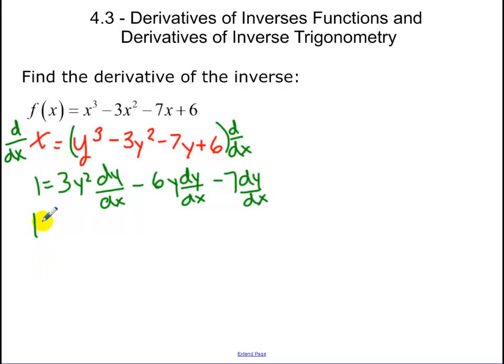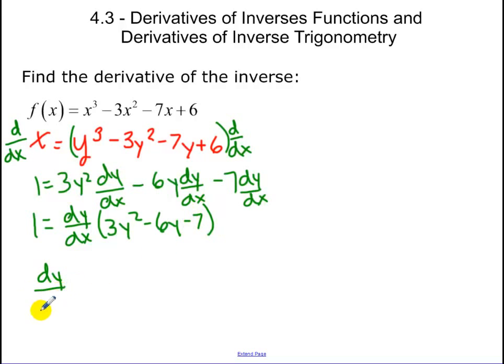Now I factor out all of the dy/dx's, and so we get dy/dx to be equal to 1 over 3y squared minus 6y minus 7.